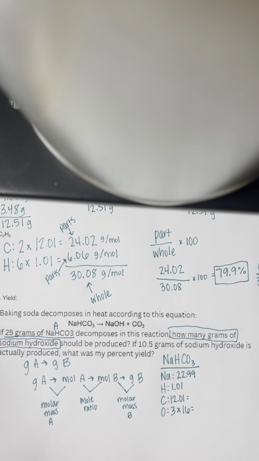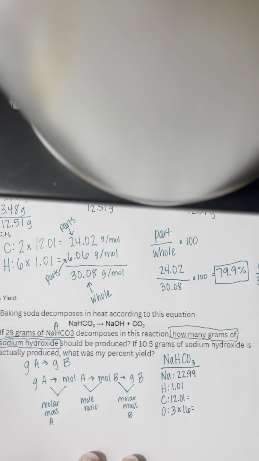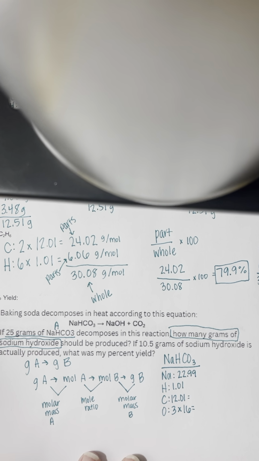All of these are grams per mole, but I will wait until the end to write that. 16 times 3 is 48. Now we just add all of these together: 22.99 plus 1.01 plus 12.01 plus 48 is equal to 84.01 grams per mole of NaHCO3.